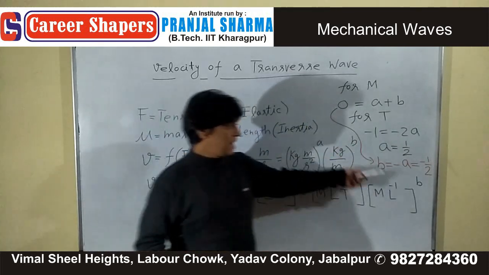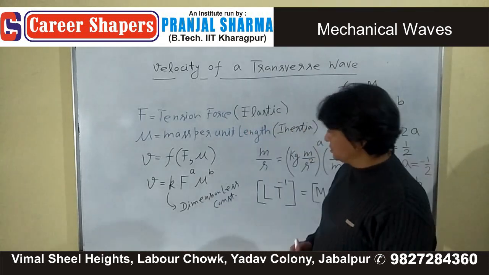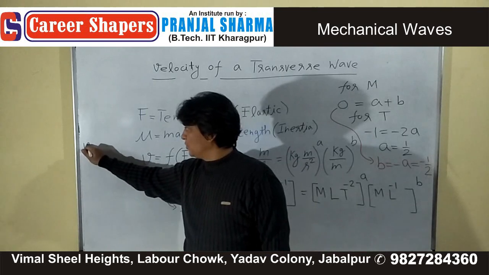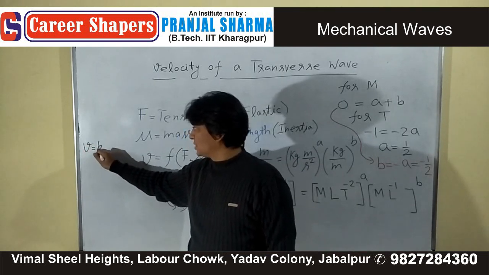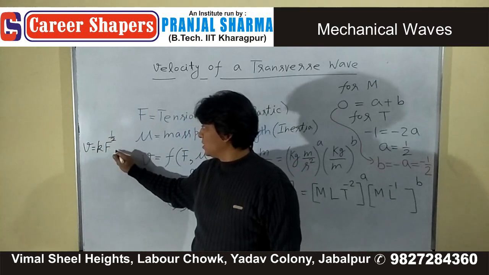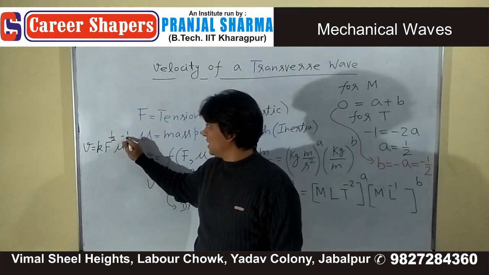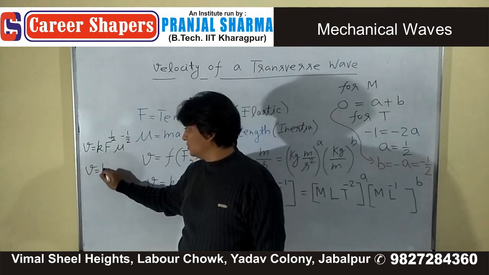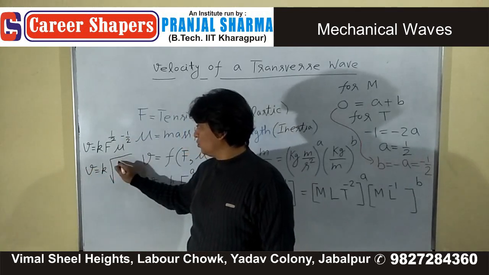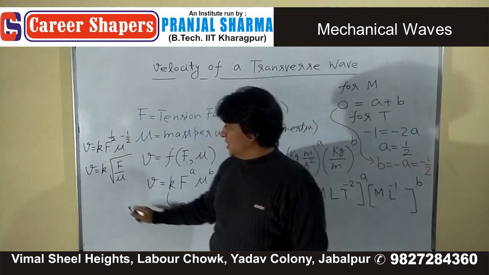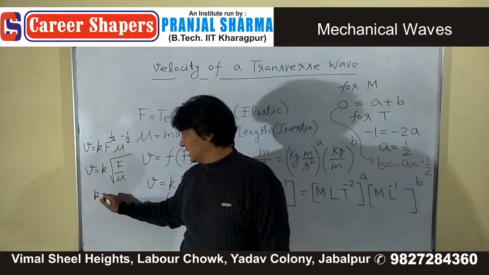Now once you got A and B, put these values in this equation and it becomes v equals to k, F to the power A, mu to the power B, which is v equals to k times root over F by mu. This k is 1.